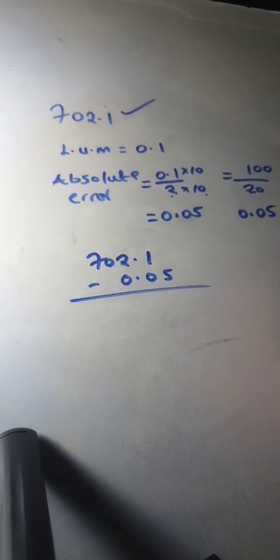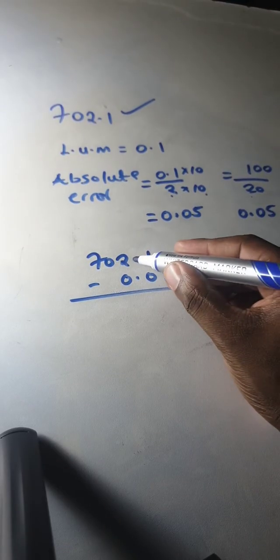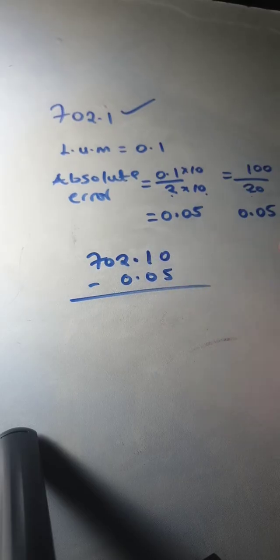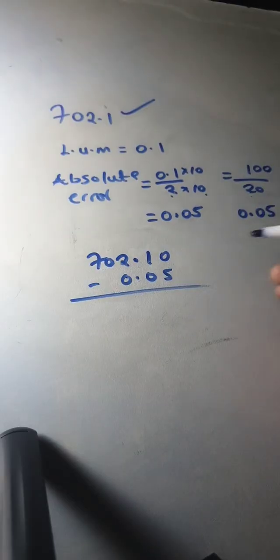That's how we find the lower limit or the lower bound or the minimum acceptable value. Remember, after the decimal point, the 0 at the end is non-significant. So even if I add that 0, it's okay. It's just helping us as a place value.